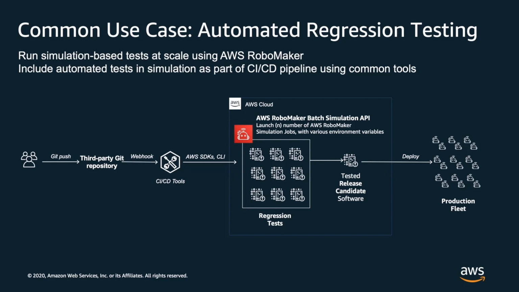AWS RoboMaker enables you to flexibly run these regression tests in simulation with custom parameters through the API. This makes it easy to connect existing CICD tools such as Jenkins, Travis CI, Circle CI, and AWS CodePipeline to RoboMaker to run these tests automatically.